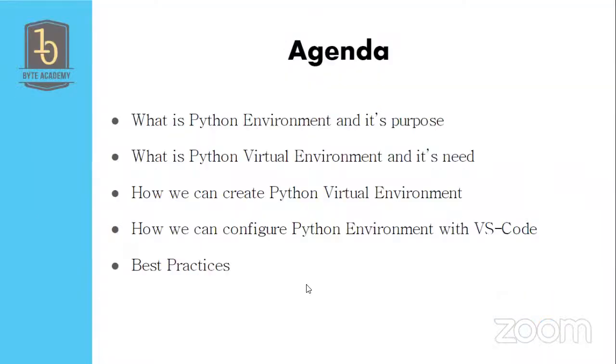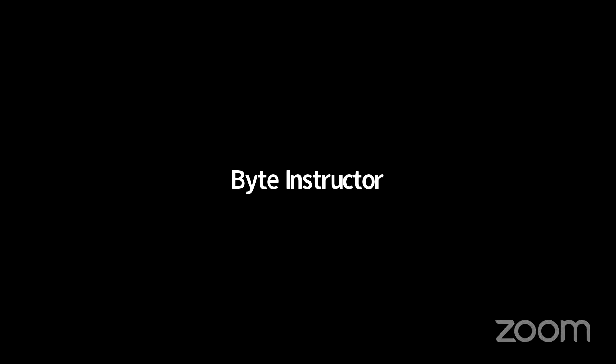First, I will go into the system and let's see how we can set up the project, what the Python environment is, and what its purpose is. Just give me a second. Let's go to the environment first.